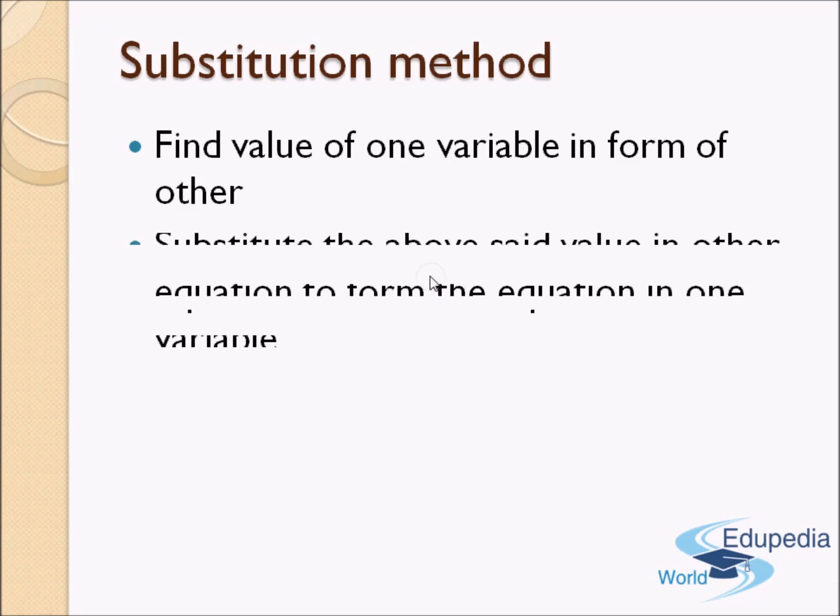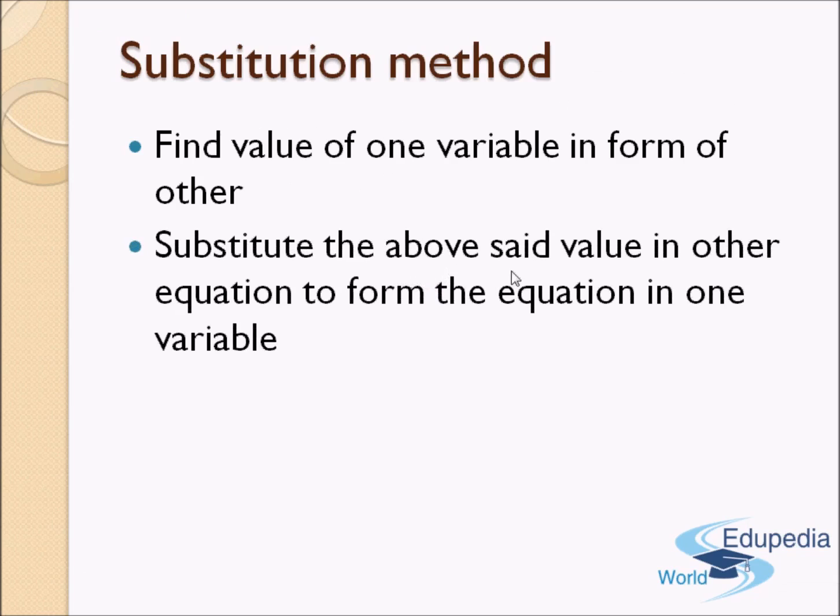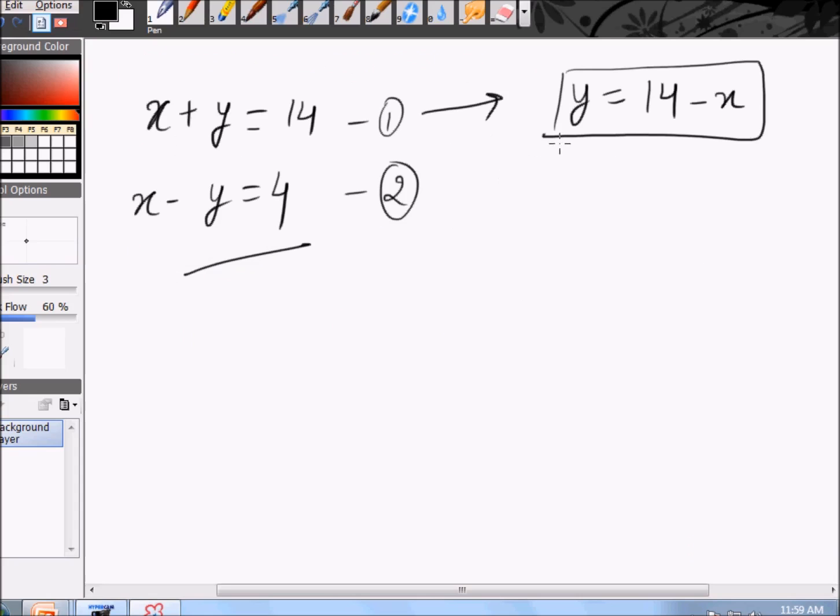The second step says substitute the above said value in the other equation to form the equation in one variable. Now this value is to be substituted in the second equation to form the equation in one variable, that is, y when represented in the form of x equals this.